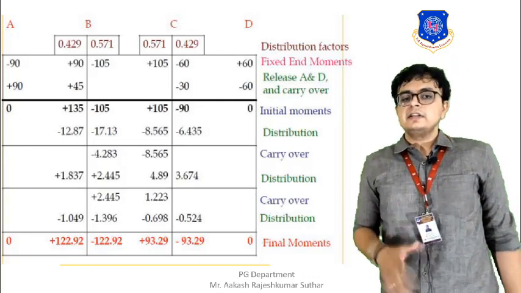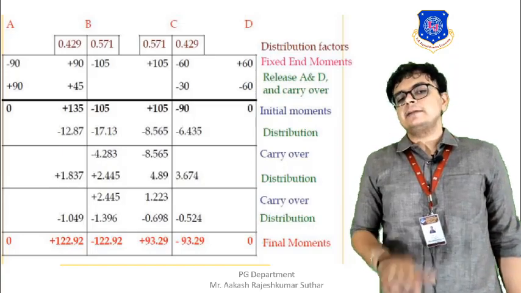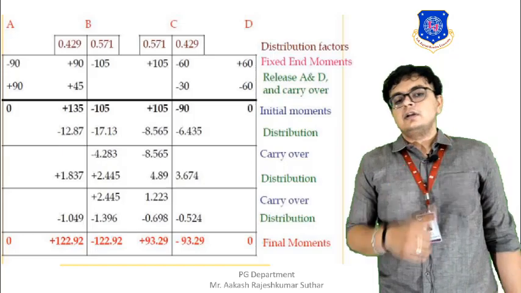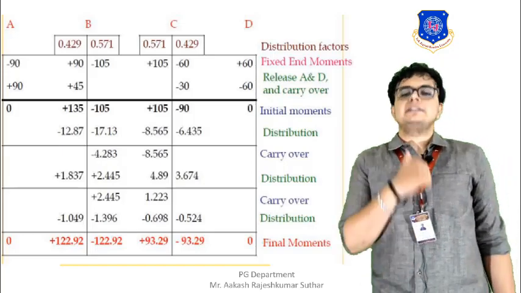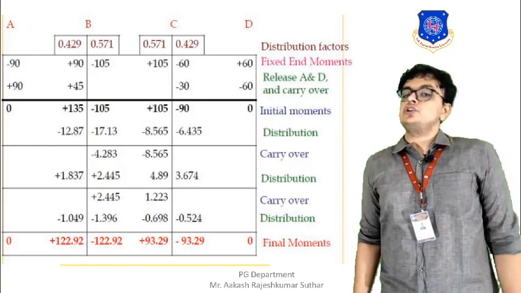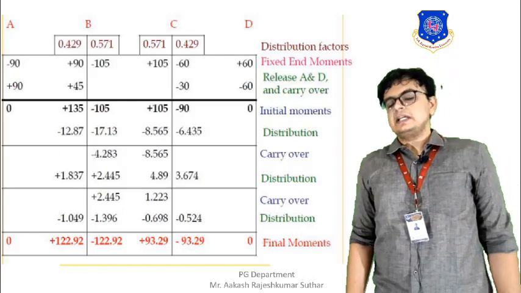This means that our values are correct, the calculation is being done properly, and both the members' moments are compensating each other, and ultimately there will be an equilibrium at the joint. So this way you can check the calculation. If you are not getting the proper answer, you have to perform again.